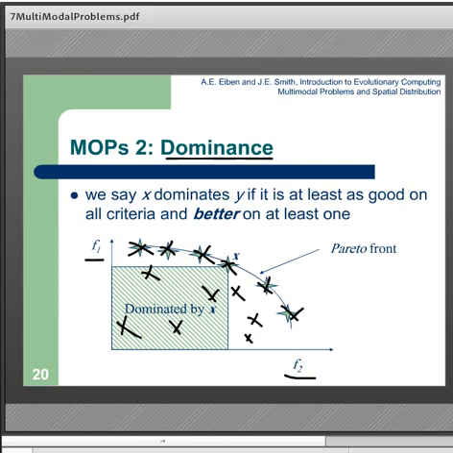It is an element or individual in the population. We want to select the best element. What is the best element? The best element is the best with fitness 1 or fitness 2.